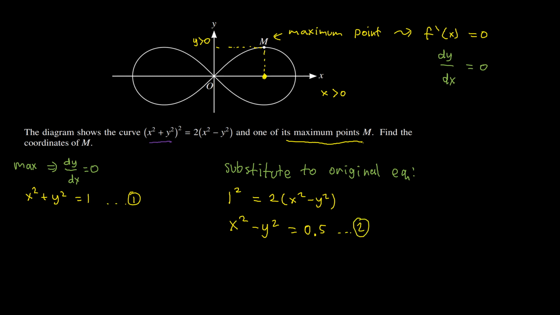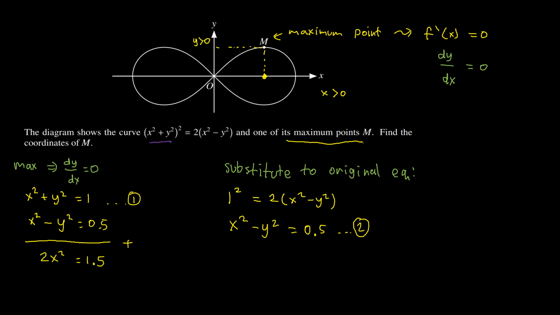So we now have a system of two equations with the variables x squared and y squared. We can solve that by using elimination. So let's move this here. So we'll have x squared minus y squared is equal to 0.5. Okay, now let's add this up. So if I add this up, I will get 2x squared is equal to 1.5.